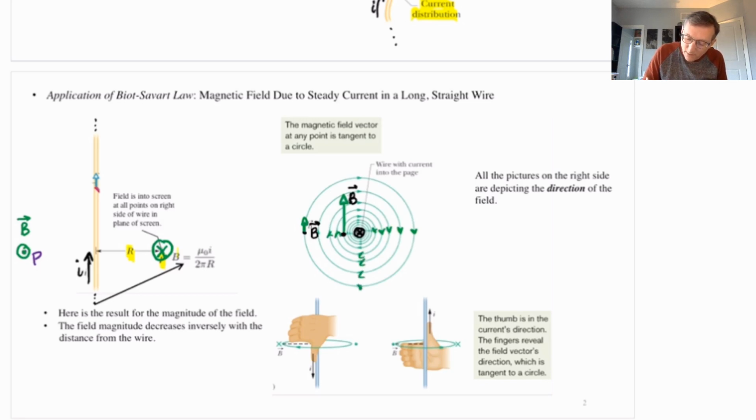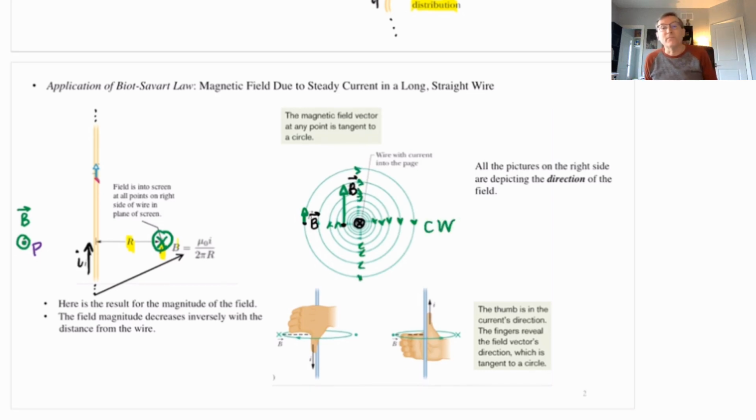As we look at them, they are circulating clockwise around the wire. Where does that come from? Well, it comes from that magnetic force law. But now we're going to show you a shortcut way for remembering the direction of the magnetic field. It's another kind of specialized right-hand rule.